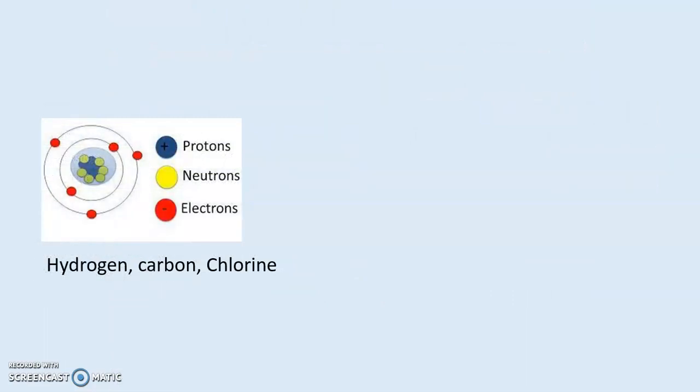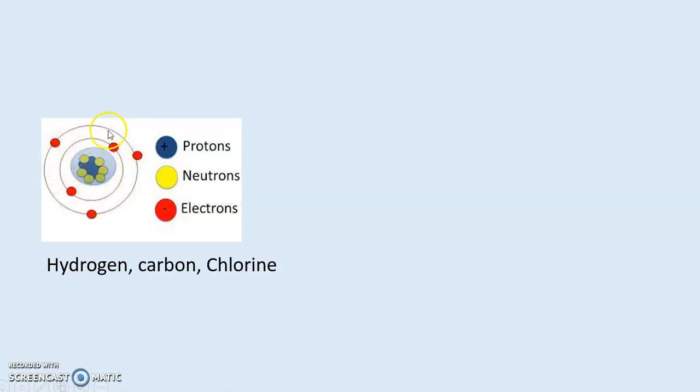Let us look at this diagram that shows the structure of an atom. The atom has a central area, which we call the nucleus, and it consists of protons and neutrons. Around the nucleus, you have the first shell, which consists of 2 electrons.